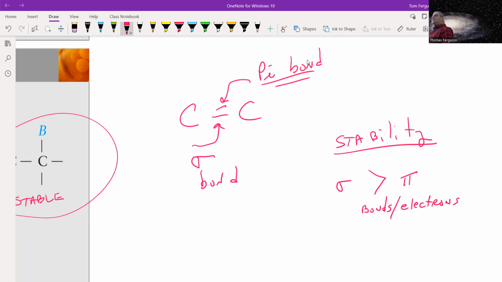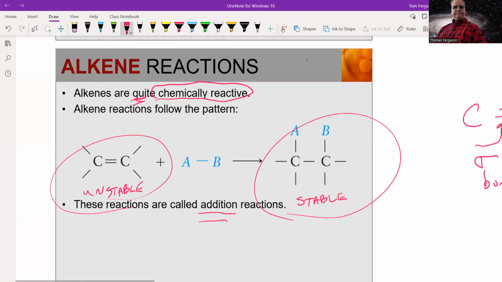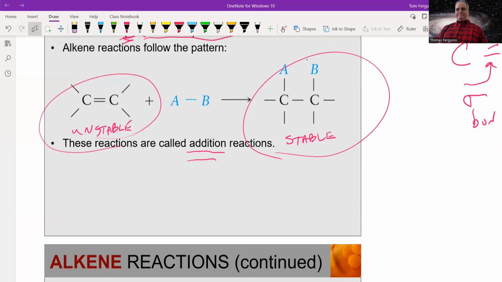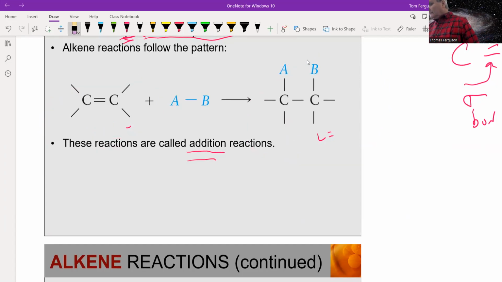So sigma electrons or sigma bonds, much more stable. And that's the driving force for most of the reactions for alkenes, this stability difference. Now, we have a double bond, C double bond C, unstable.